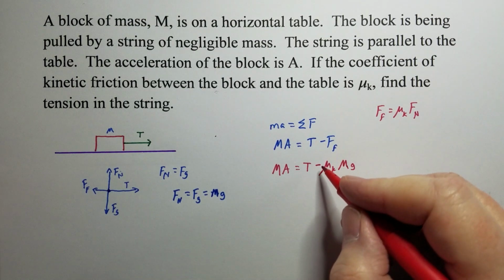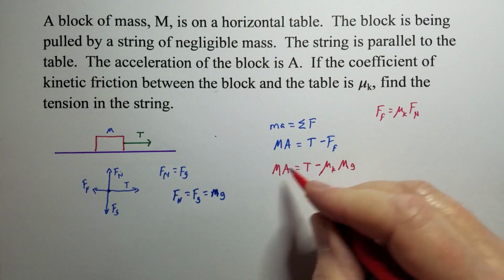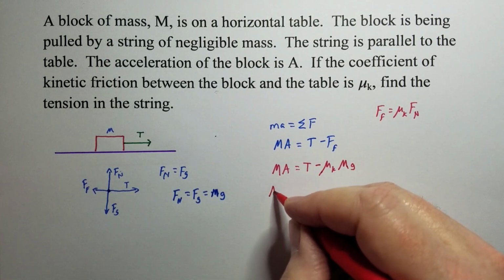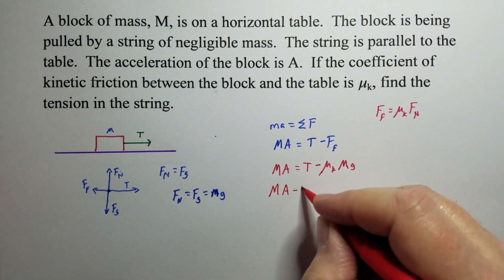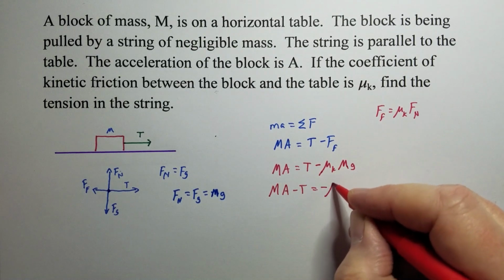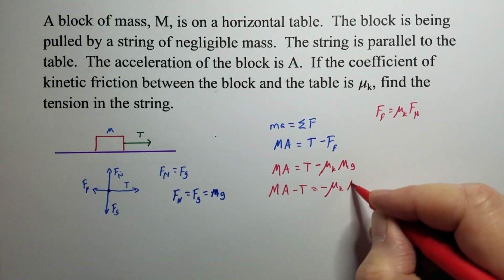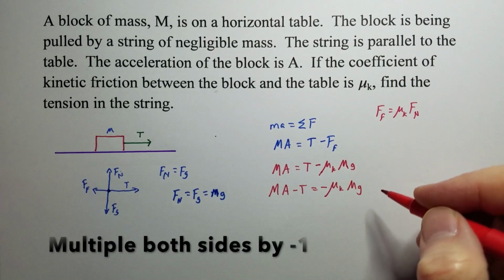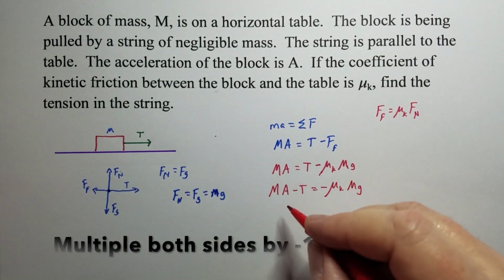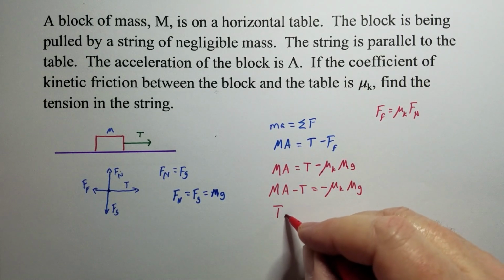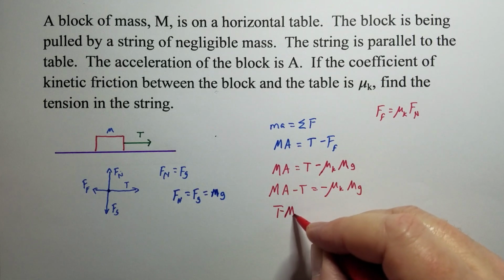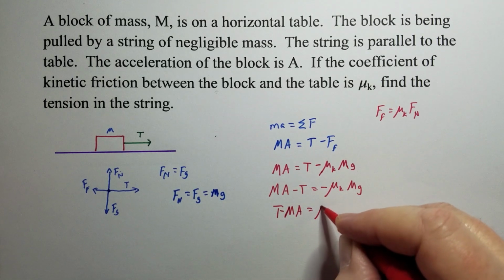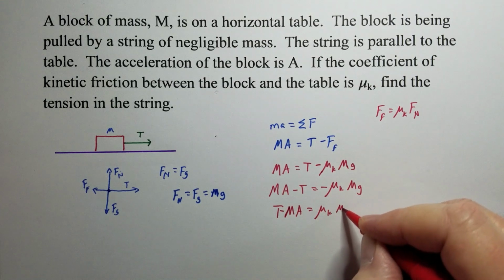So I'm going to move the T over. And so we get ma minus the tension equals negative mu k mg. Let's get rid of the negative sign here. So that becomes T minus ma equals mu k mg.